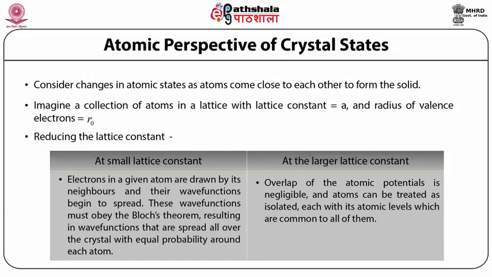For simplicity, let us consider the example of sodium atoms. The 1s state, which has a small extent and which lies in the deepest part of the potential, is not much affected, as its overlap with the potential of the neighbors is minimal, even at the lattice constant where the metal is formed.